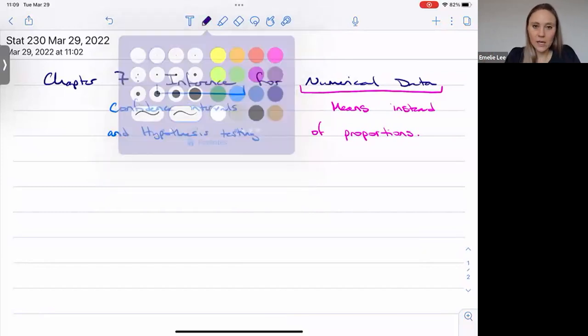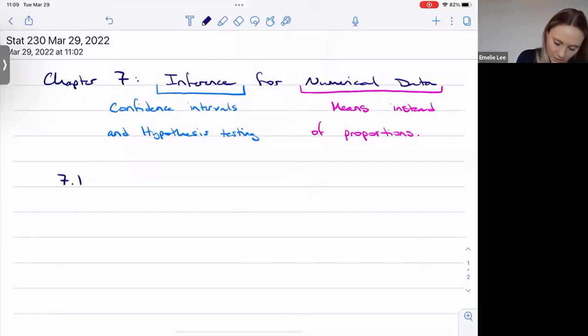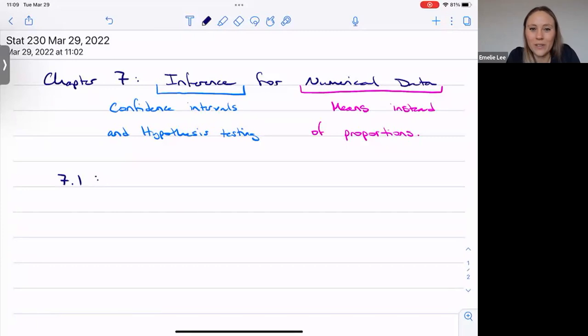And just as an overview so that you know where we're headed, I'm a little bit foggy on, I think 7.4 is the one we kind of brush over. Usually I run out of time, and you can read it on your own, but we'll skip it, okay? So 7.1 is inference for one numerical variable, so one mean.